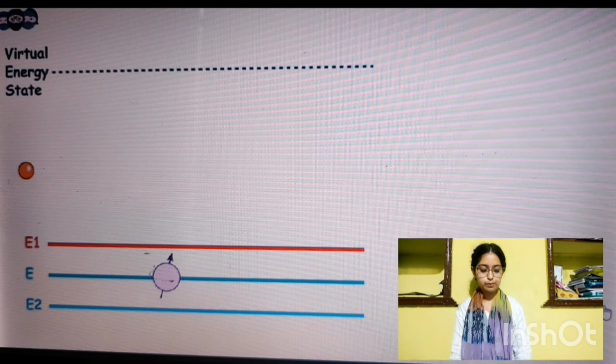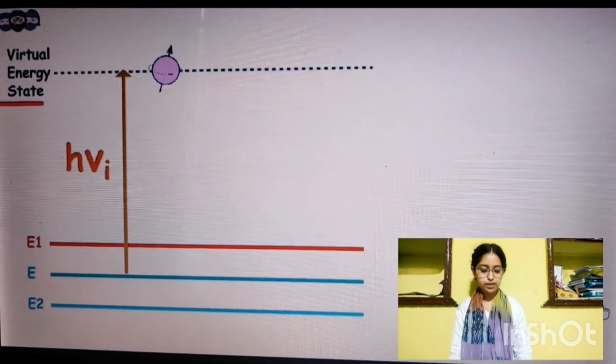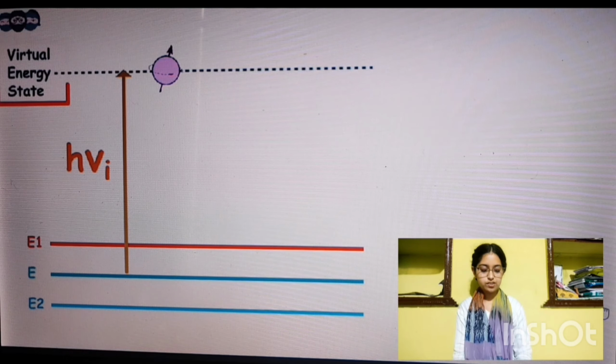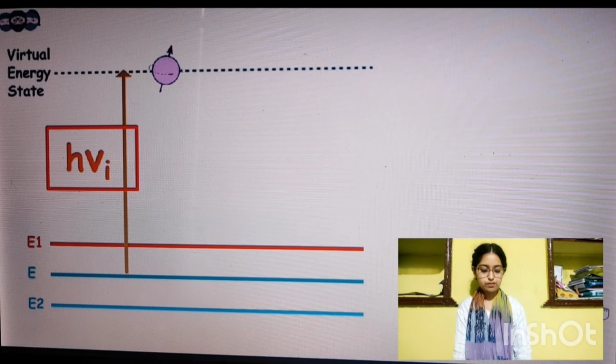So when the monochromatic incident light interacts with the electron in the sample, the electron absorbs the energy from the incident photon and rises to a virtual state of energy. The energy transfer is given by the formula E = hν, where ν is the frequency of the incident photon.